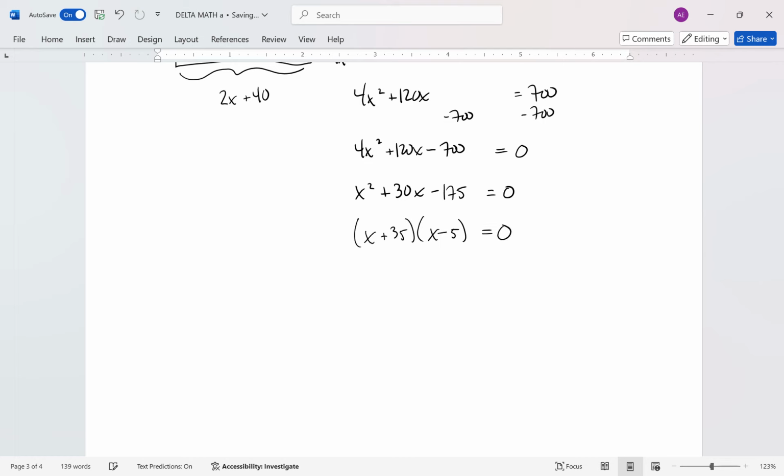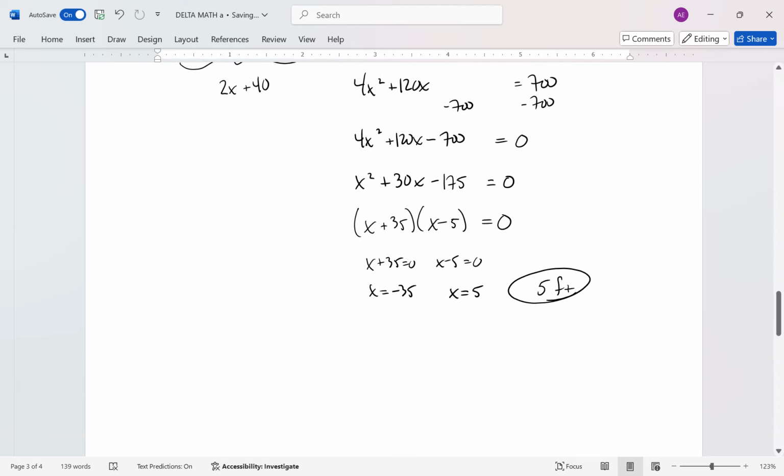Double check that. 35 times 2 is 70, 70 times 2, or 35 times 4, is 140. Yeah, so that does work. So my two solutions, if I set each one of these equal to 0, I get x equals negative 35, x equals positive 5. Well, can't have the negative, so the width of our walkway will be simply 5 feet.